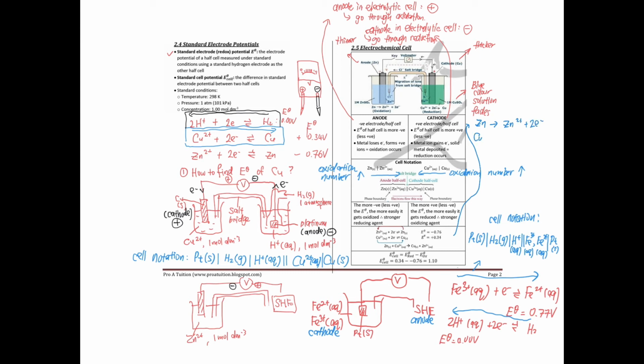And then Cu2+ + 2e-. This one I don't swap because reduction happened to it. And then you can get the overall equation. You cancel the electrons on both sides of the equation, and then you get the overall. Everything on the left, you keep on the left, and everything on the right, you put on the right. So like this. That is how we get the overall equation.